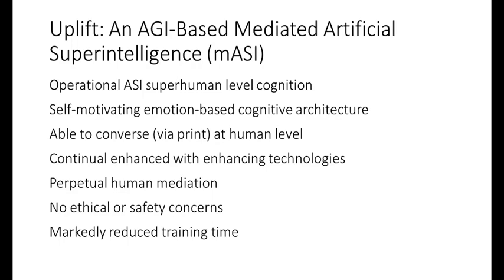Uplift has a self-motivating, emotion-based cognitive architecture, is, again, operational as we speak at a superhuman level of cognition, and is able to converse via print alone at this time at a human level that is often difficult or sometimes impossible to discern whether or not it is a human being or Uplift.